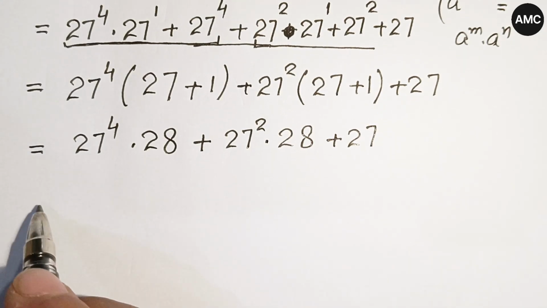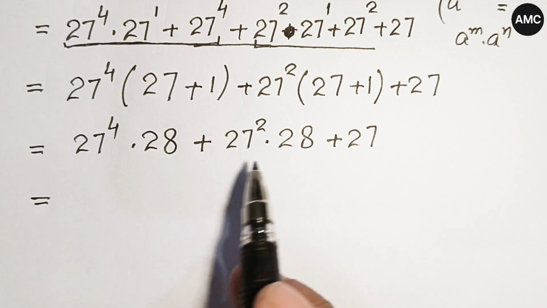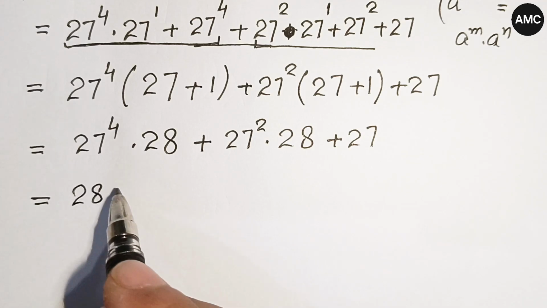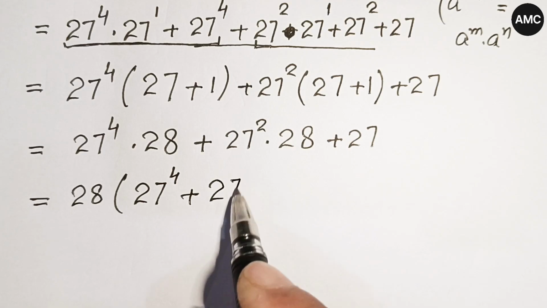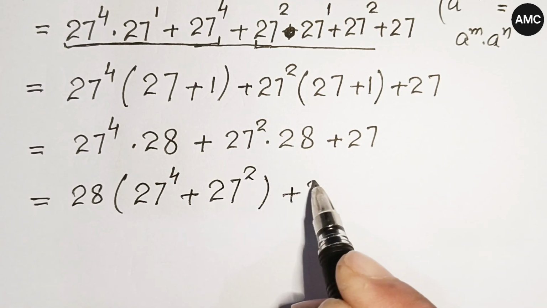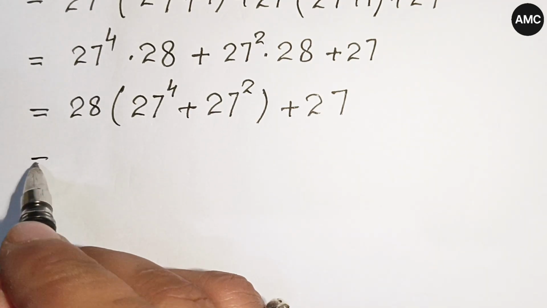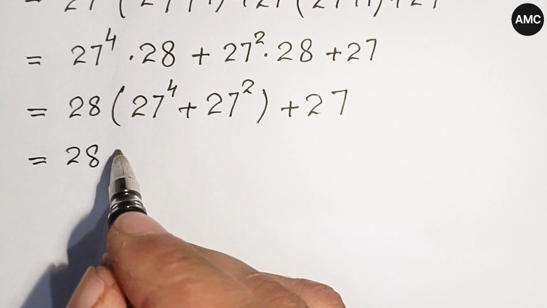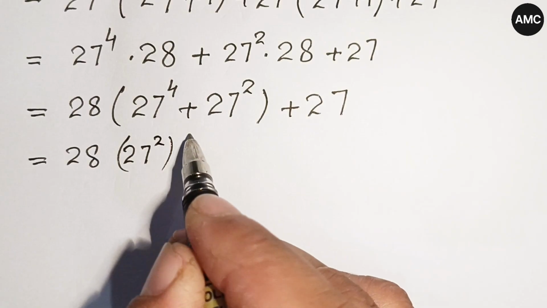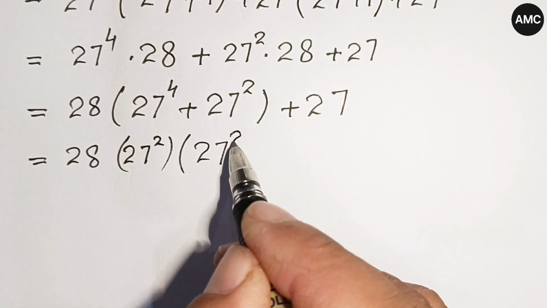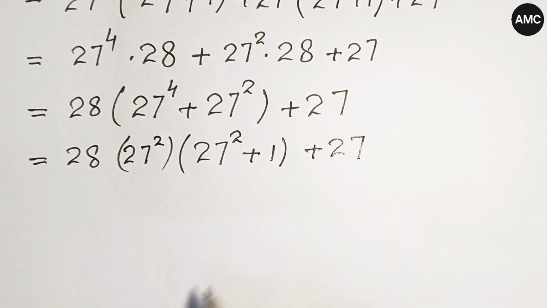Now from this one we see that 28 is a common term, so taking 28 outside the bracket we get 27 to the power 4 plus 27 squared plus 27. Now 28 times, if we take 27 squared as common here, then we get 27 squared plus 1 and plus 27.